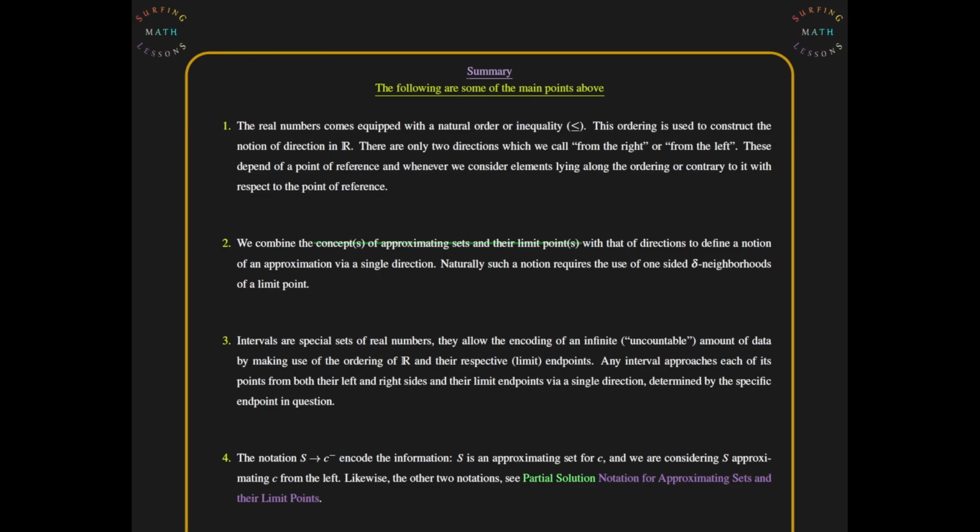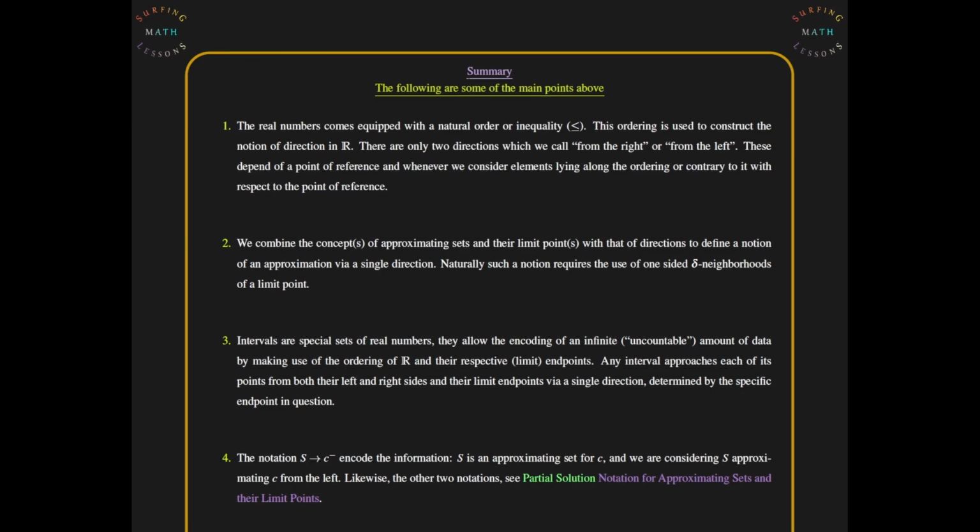Second, we combine the concepts of approximating sets and that of directions to define the notion of an approximating set clustering around a limit point via a single direction. Naturally, this notion is made precise throughout the use of one-sided delta neighborhoods of the limit point.